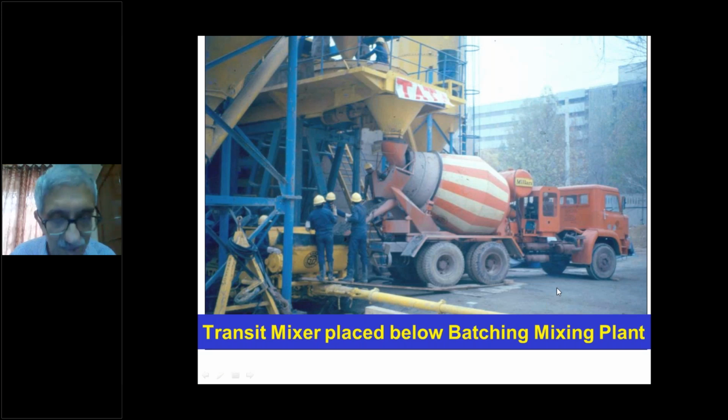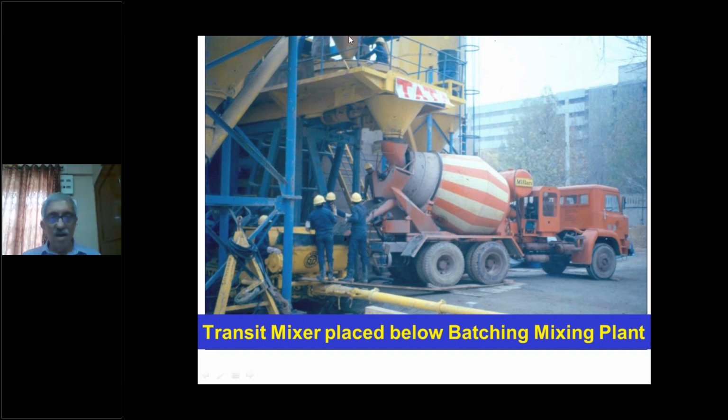In Tashkent, where we constructed the 5-star hotel building and the raft was being built, we devised the arrangement in such a manner that the transit mixer would be stationary and not move.